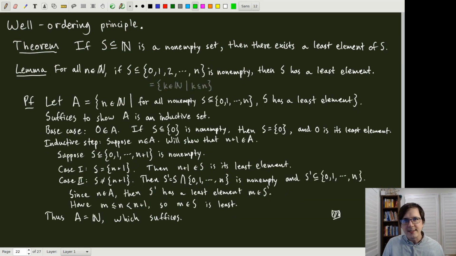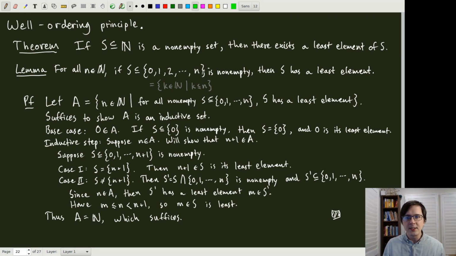Okay, so to prove this, it's useful to have a lemma. And this lemma is a much more restrictive version. S could be infinite for all we know, so instead we're going to consider finite sets. The lemma is: for every n, if S is some subset of the first n plus 1 natural numbers, so the set of all k where k is less than or equal to n, and if that set is non-empty, then S has a least element.